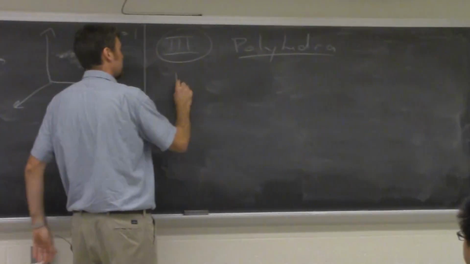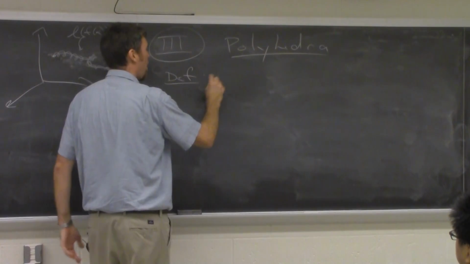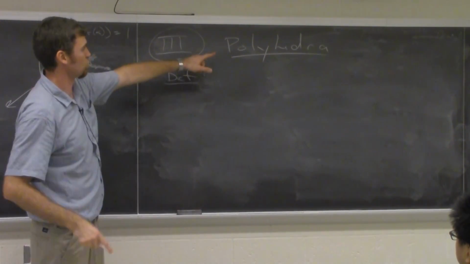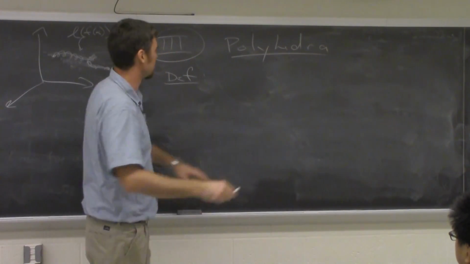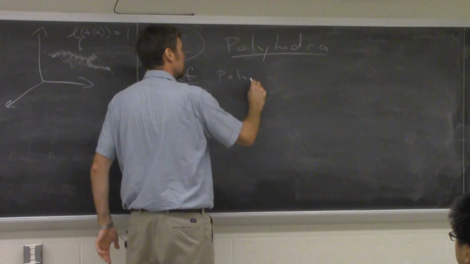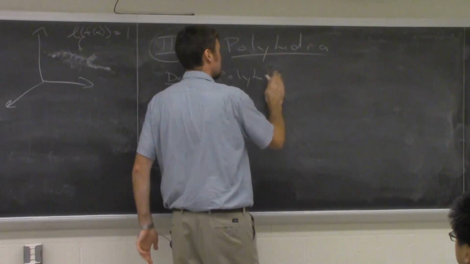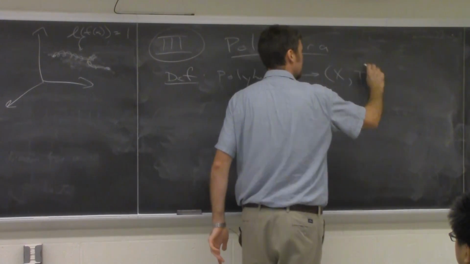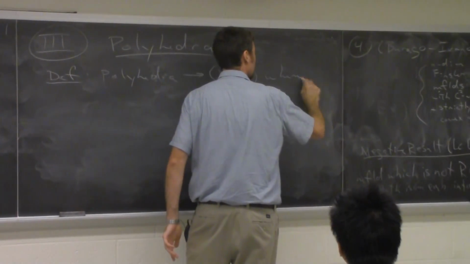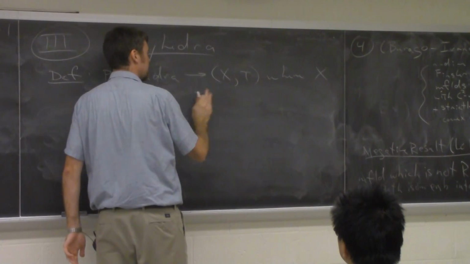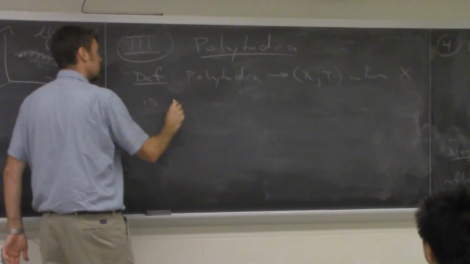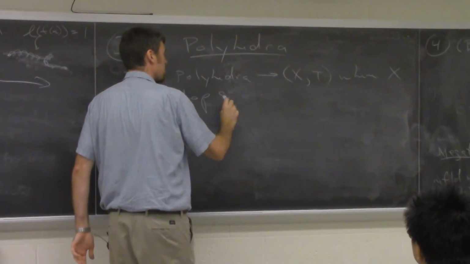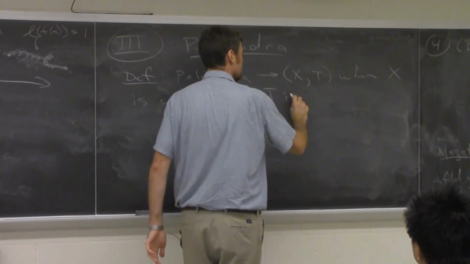And maybe first, all I mean by polyhedra is a simplicial complex. Polyhedra, I just mean some pair (X, T) where X is a topological space, and T is a simplicial triangulation.